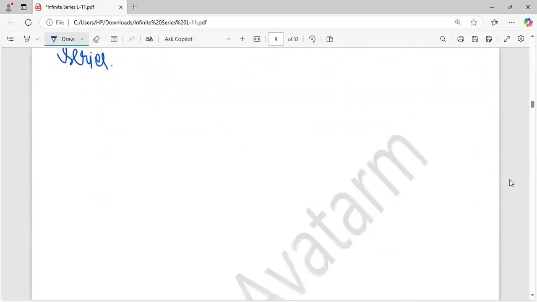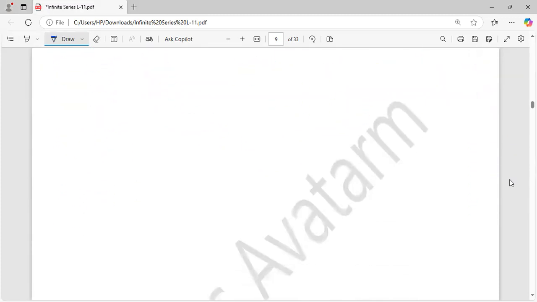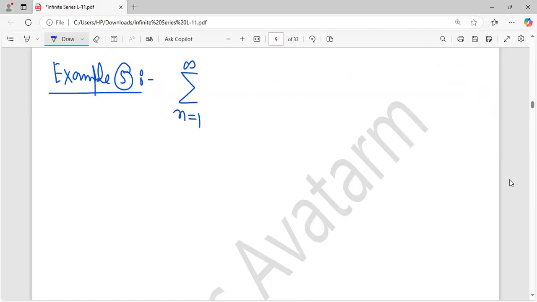So example, see this series summation, that is 1 minus 1/2 plus 1/3.